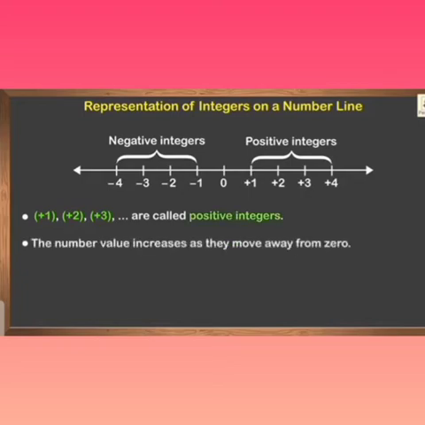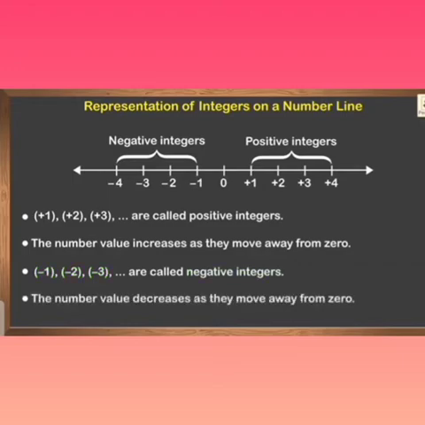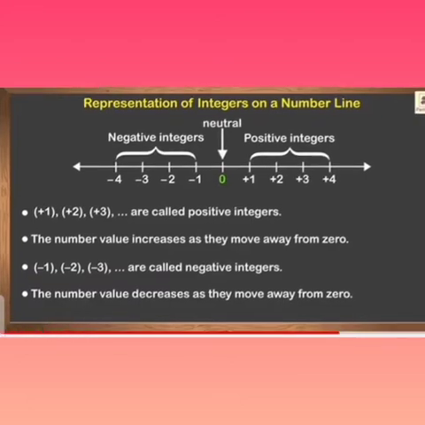The number value increases as they move away from 0. Negative 1, negative 2, negative 3, and so on are called negative integers. The number value decreases as they move away from 0. The integer 0 is neutral. It is neither positive nor negative.